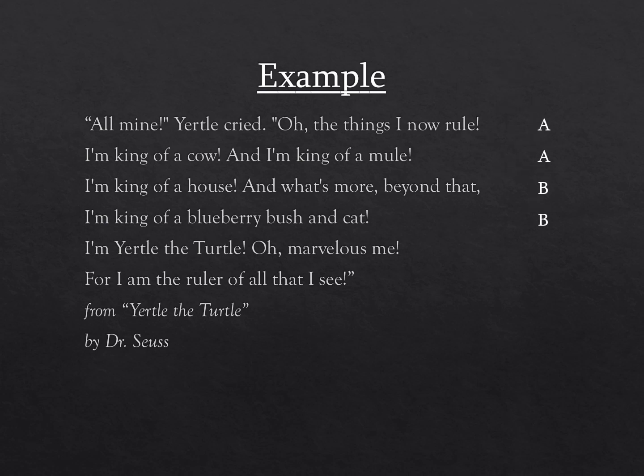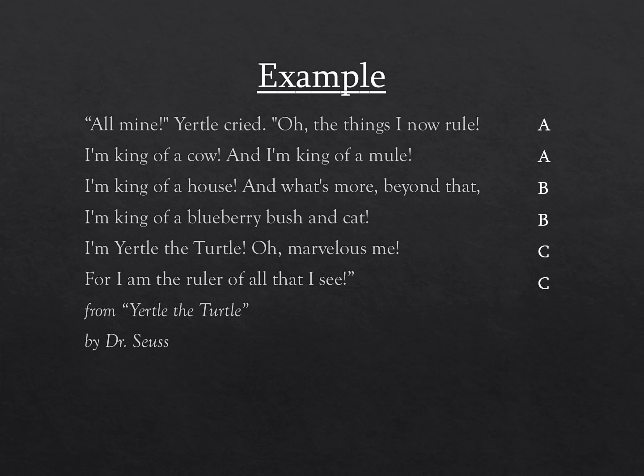So the rhyme scheme of this example is A, A, B, B, C, C. A represents the first sound, which is rule and mule. If the first sound is repeated in the second, you just copy the letter. That's why you have AA.